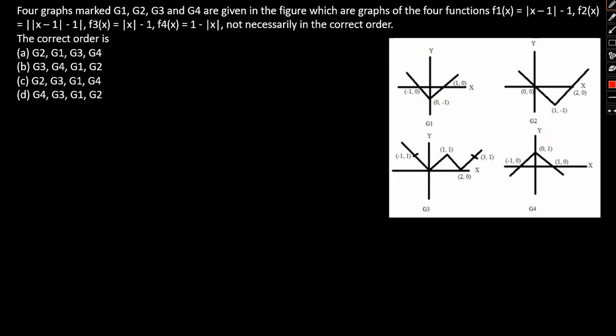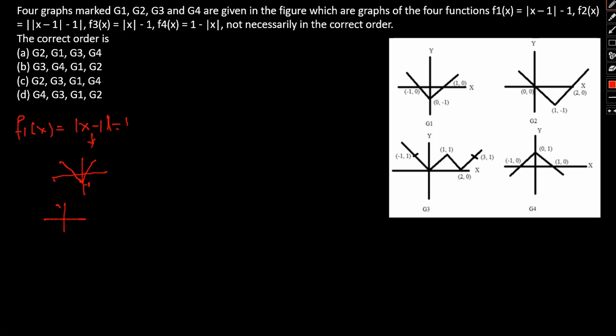So let's start off with the first function, f1(x) equal to mod x minus 1 minus 1. We know the graph for this particular function would be something like this. If it's mod of x, it will be something like this, with minus 1 over here, but it's given mod of x minus 1, so it will be shifted one place to the right.